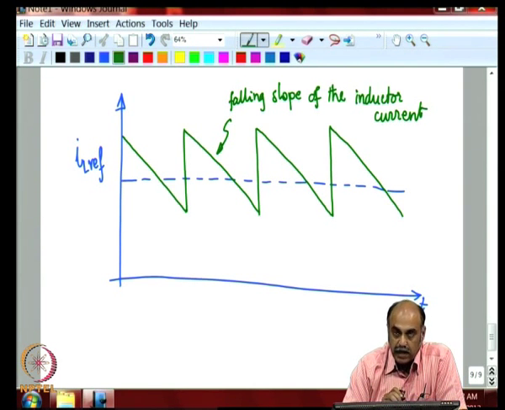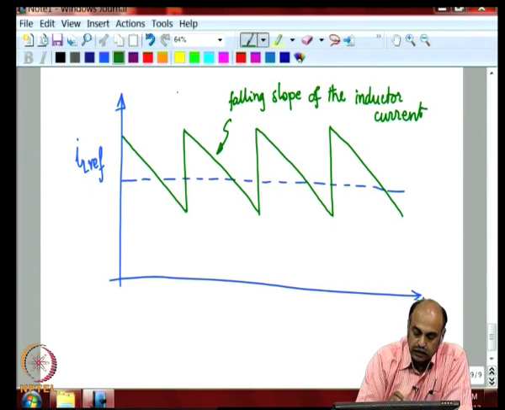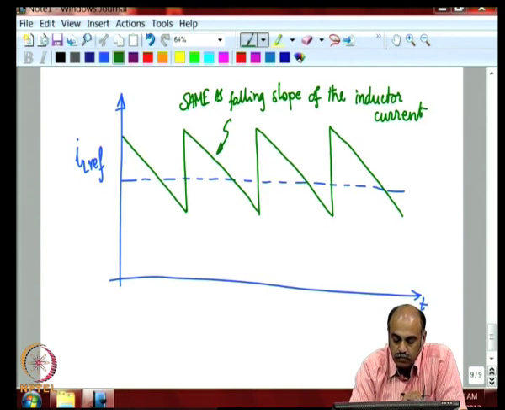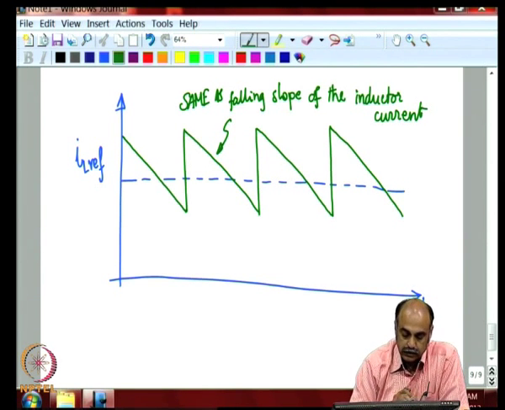It should be the same as the falling slope of the inductor current. I will put it like this: same as the falling slope of the inductor current.